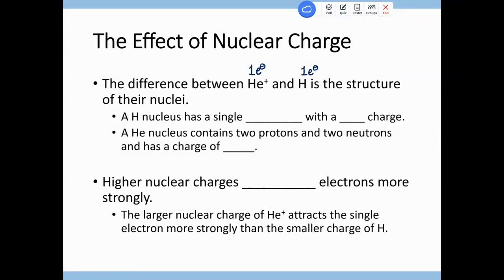Hydrogen is the first element on the periodic table, has atomic number 1, and has 1 proton in its nucleus. So a single proton, so +1 charge in its nucleus. Helium is element number 2, atomic number 2, so it has 2 protons in its nucleus and 2 neutrons. Neutrons don't contribute to charge at all, so its nuclear charge is +2.